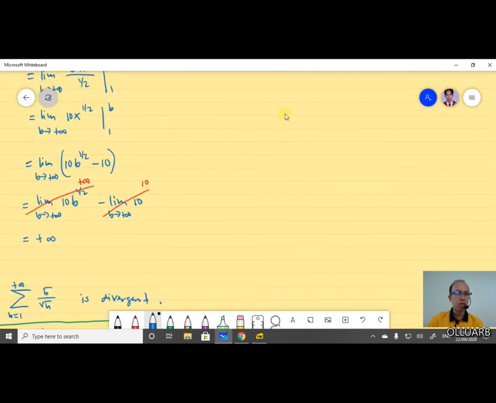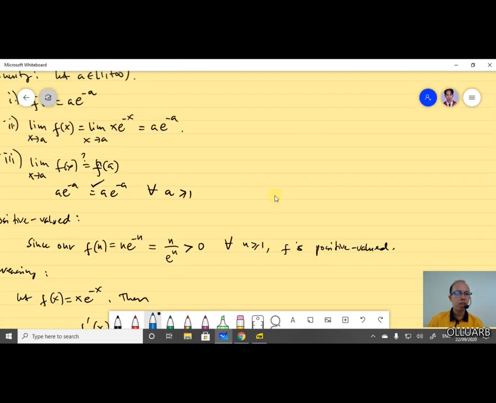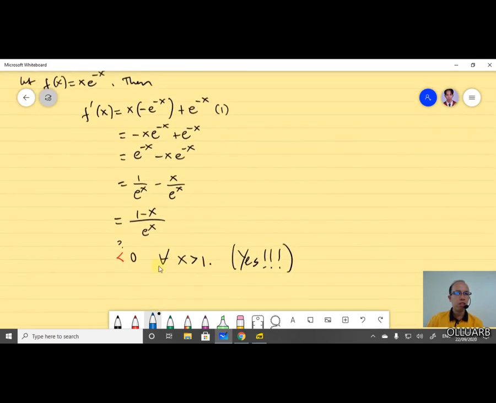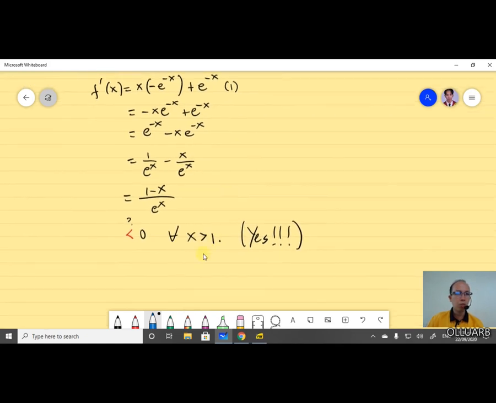So I correct myself in example number 1. I guess the right term here is it must be greater than 1, since if you substitute 1.1, 1.2, 3, 4, and so on, this is always negative.